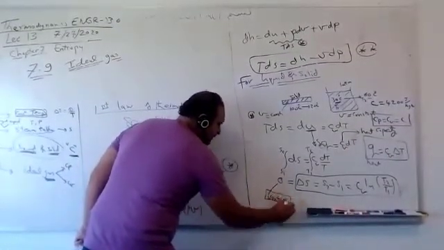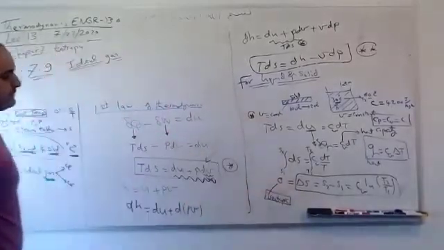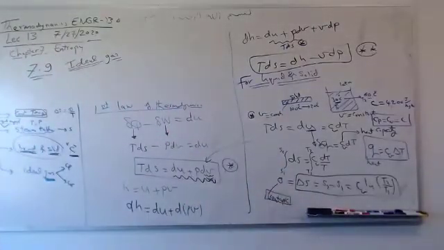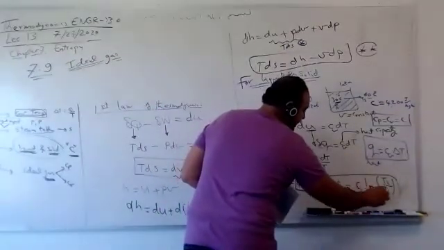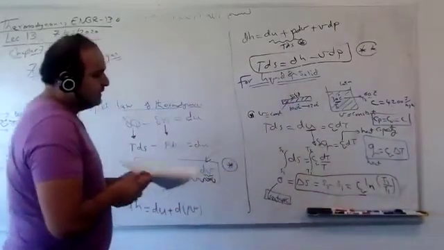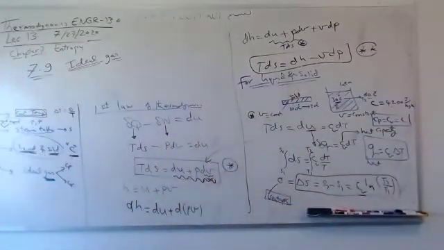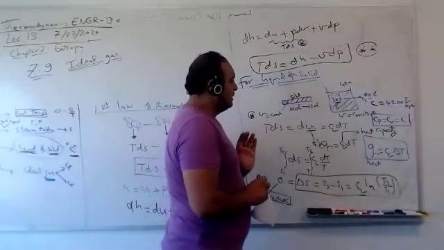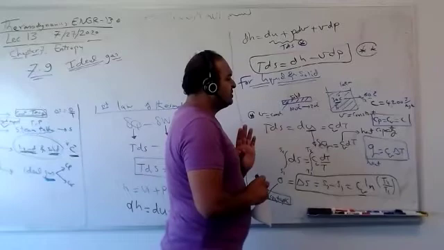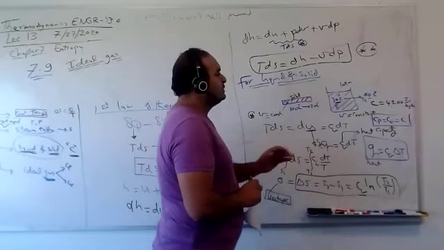So when this is constant, ln T2 over T1 equals 0. It means T1 equals T2, only if it's a constant temperature process. So if you have pure solid, pure liquid, remains solid, remains liquid, the temperature does not change, delta S equals 0.